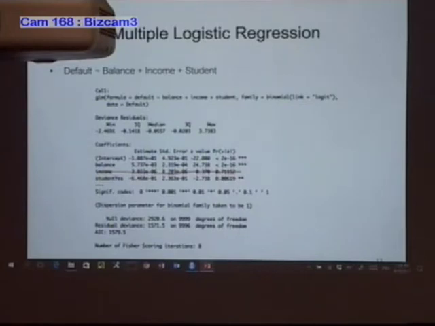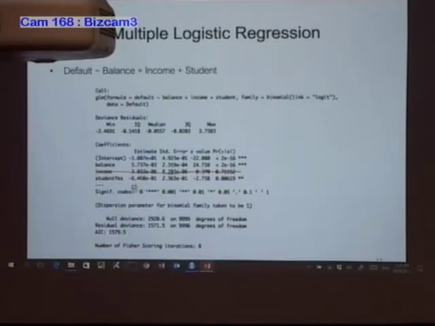By including the variable balance, we find out balance actually is a better variable explaining a lot of the variability. And after controlling for balance, students tend to be better. It's negative. So being a student, given the same balance, earlier we didn't try to differentiate. Now we say if you have the same balance, a student is less likely to default.